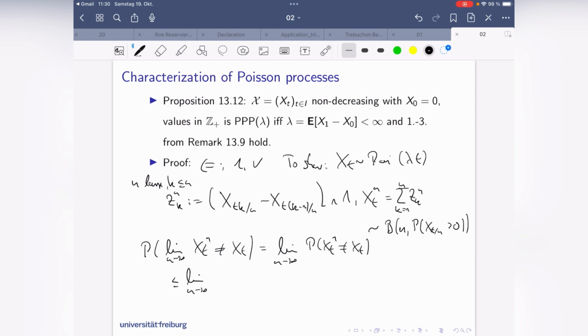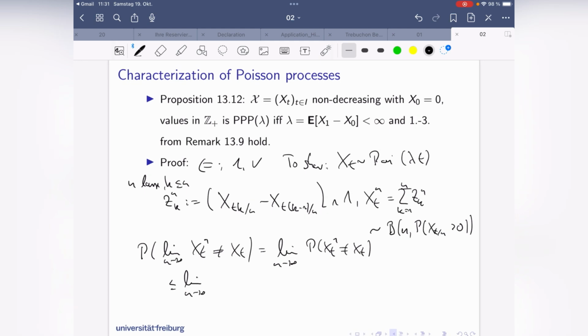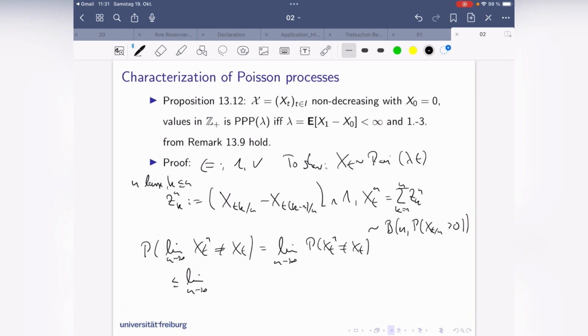is smaller or equal than the limit as n goes to infinity. Well, when are they not equal? They're not equal if I have one of these time intervals where I really have to cut it in one, times the probability that X_{t_k/n} minus X_{t_{k-1}/n} is bigger than 1.